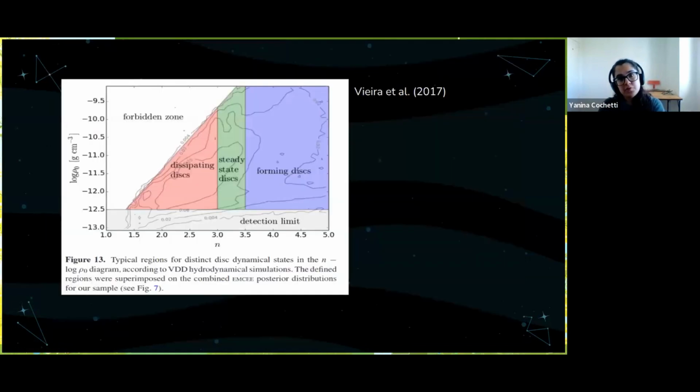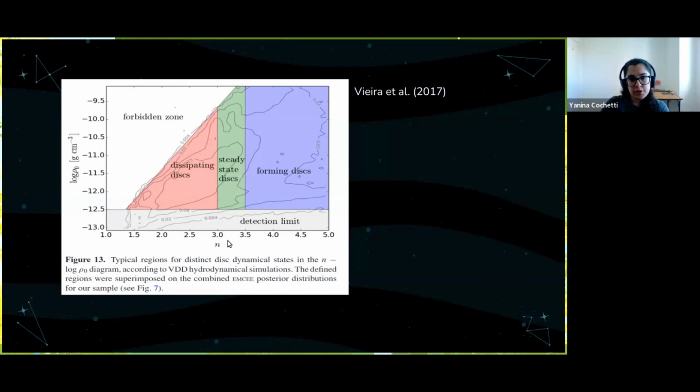There was some previous work by Vieira and collaborators in 2017, analyzing the spectral energy distribution and fitting densities and the exponent of this density law. They found that the exponent is related to the dynamical state of the disk. For n values higher than 3.5, the disk is forming.